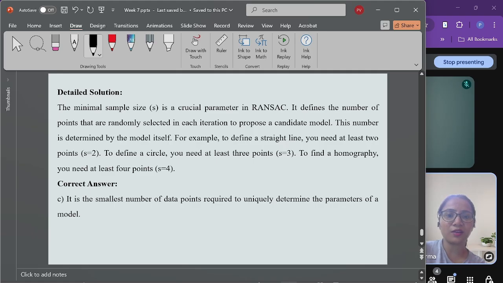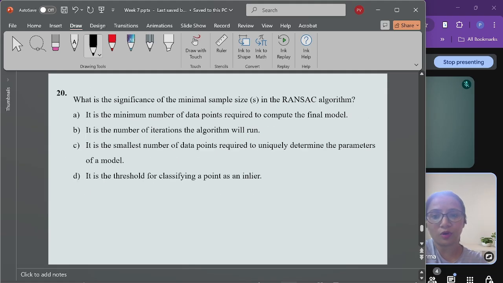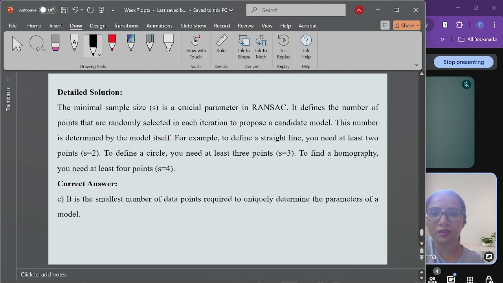To define a circle you need at least 3 points, and to find the homography we need at least 4 points. So the correct answer is C: it is the smallest number of data points required to uniquely determine the parameters of the model.